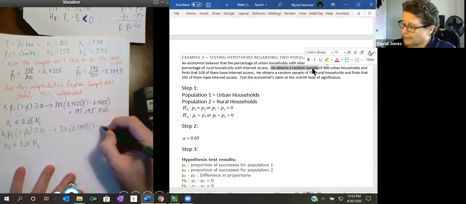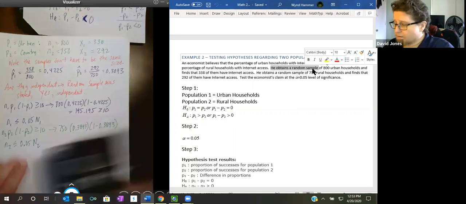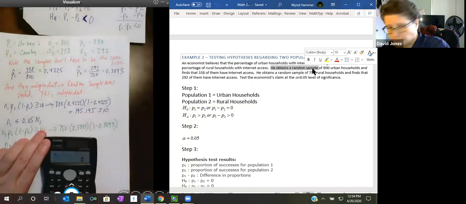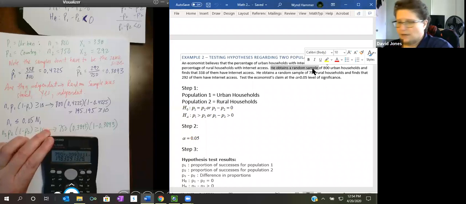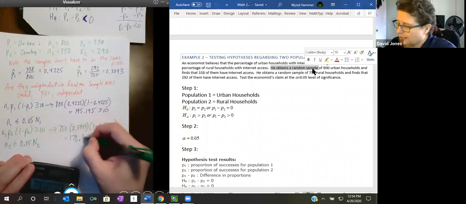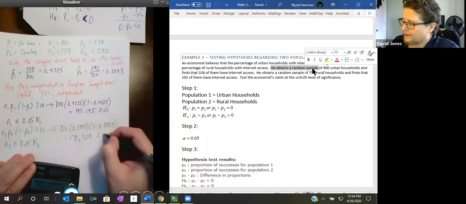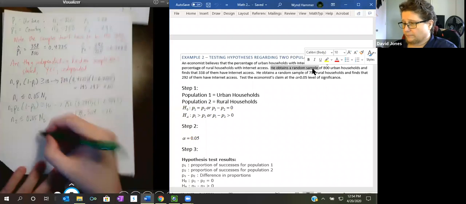And then we do 1 minus that. This is 178.309, which is also definitely greater than or equal to 10. So our conditions have been satisfied.